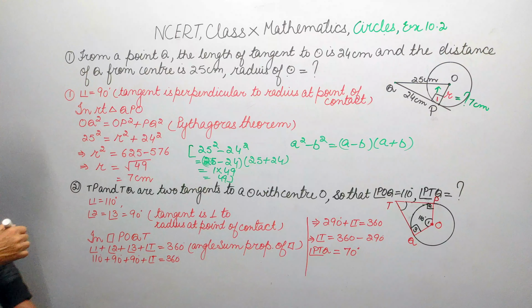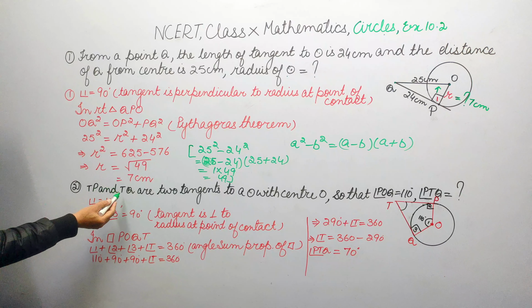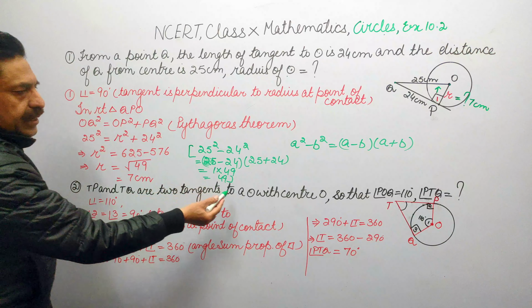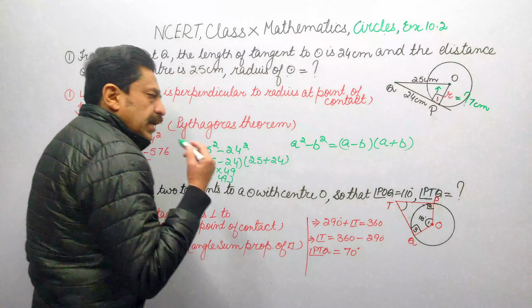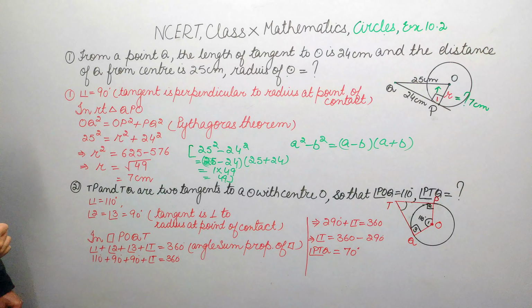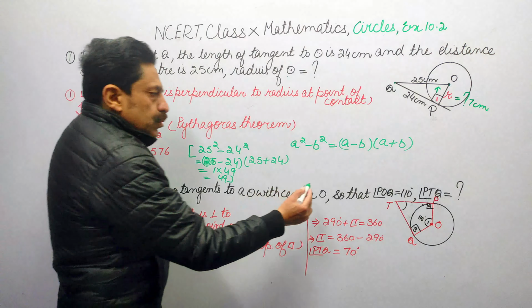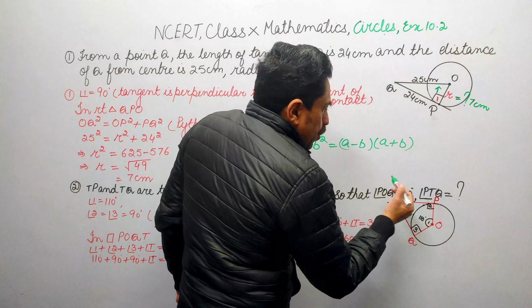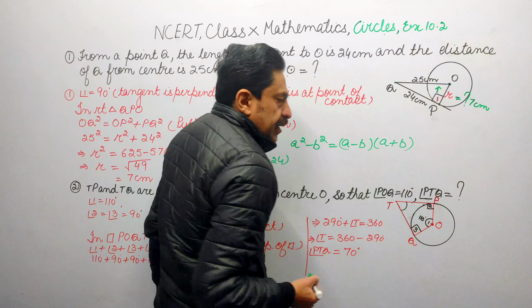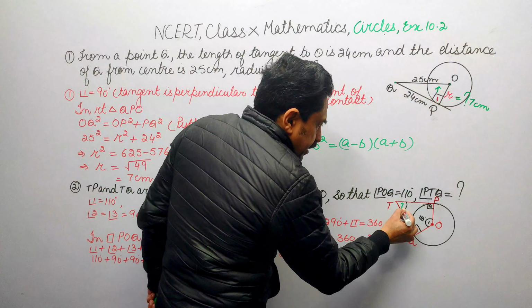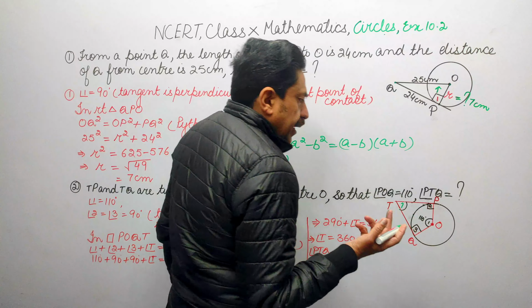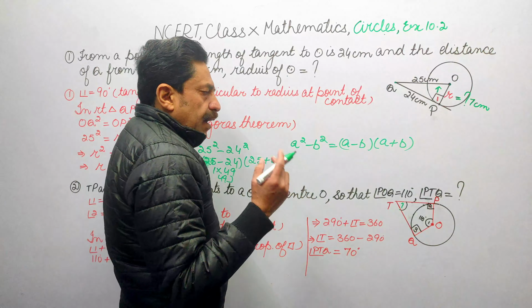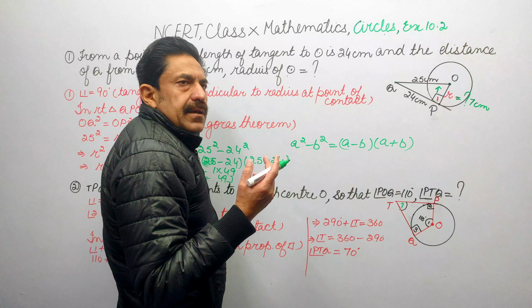Now question number 2. TP and TQ are two tangents to a circle with center O, so that angle POQ is equal to 110. This angle is given, 110. We have to find this angle. Now if it is an MCQ, directly we can write it as 70 degree.